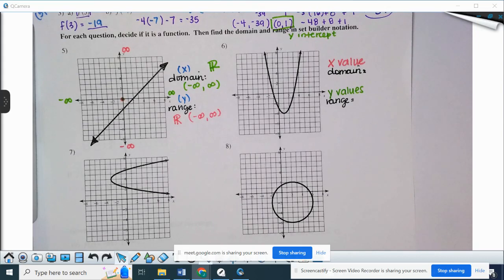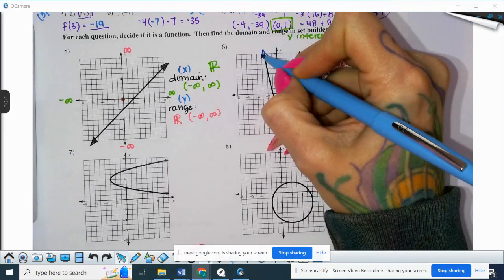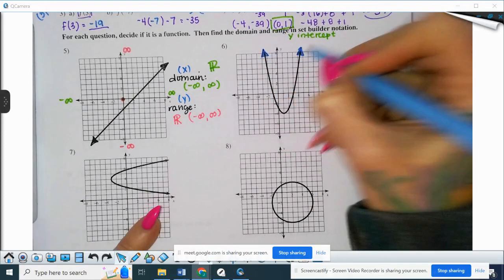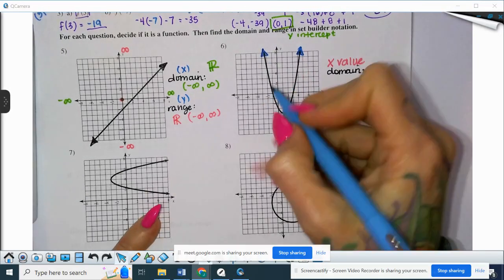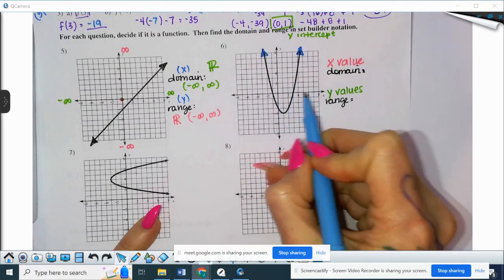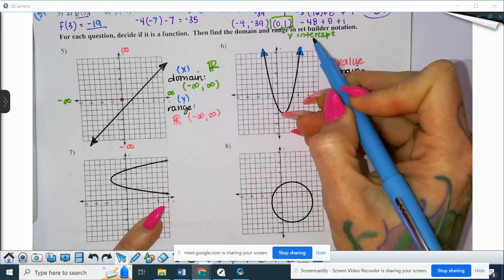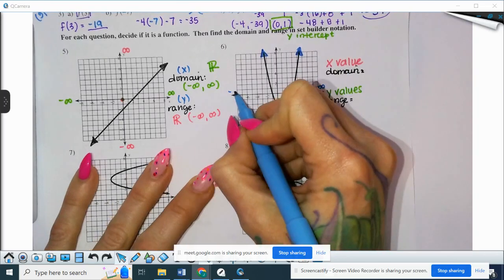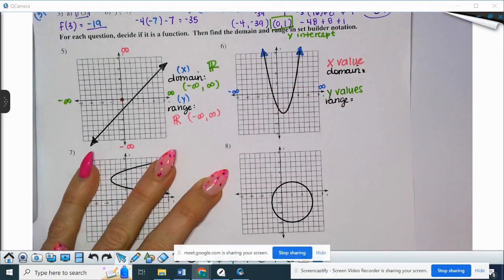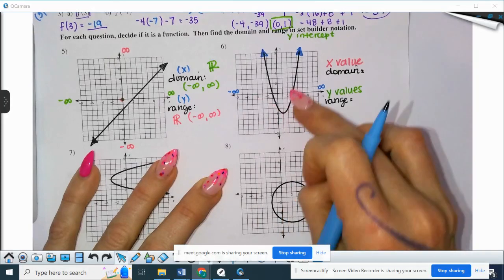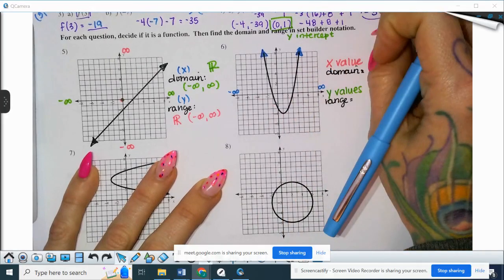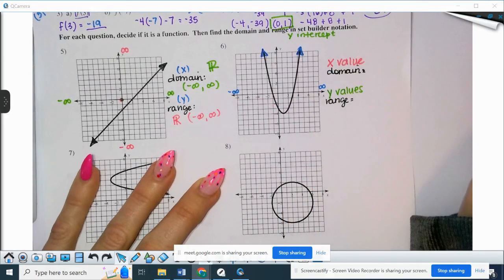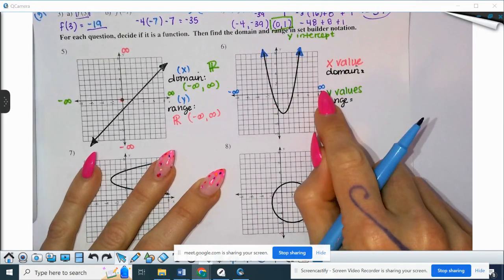So for domain, we also see some arrows up here. I'm looking from the origin and I look to the right. Is this graph going to keep going to the right or is it going to stop somewhere? This is our positive infinity, negative infinity. This graph just continues and continues off the page into infinity, so it's going to go to positive infinity to the right.